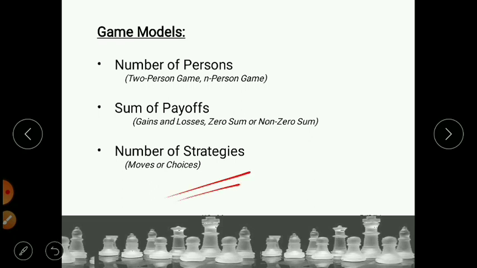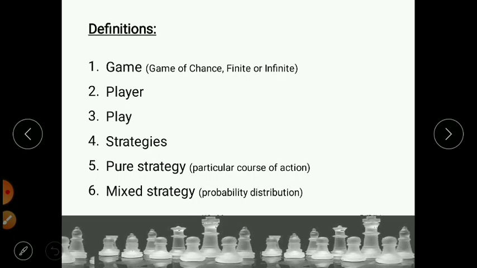Okay. Now, coming to a few of the basic terminologies involved in game theory. A game, as you all know, is an activity between two or more people, which involves some actions by each of the players according to some set of rules. Every game has its own specific rules.